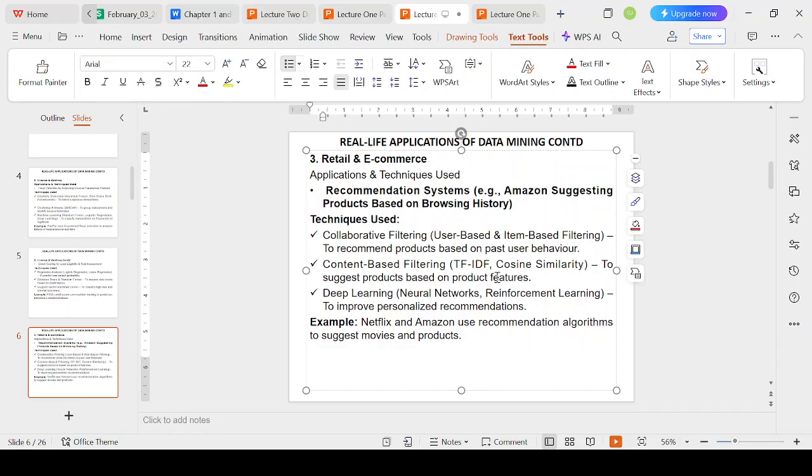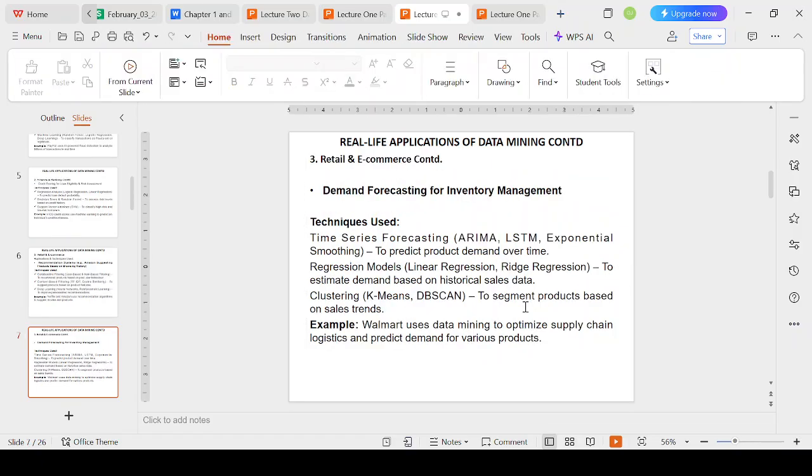Content-based filtering, TF-IDF, cosine similarity, suggests products based on product features. Deep learning, neural network, reinforcement learning to improve personalized recommendation. Example, Netflix and Amazon using recommendation algorithms to suggest movies and products.